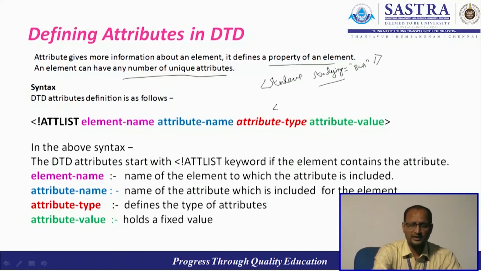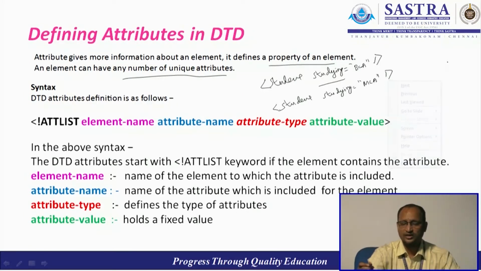Suppose I have another student, and the same attribute I am having, with the value MCA. Is it right or wrong? It is right, because we should not repeat the same attribute for the same element.